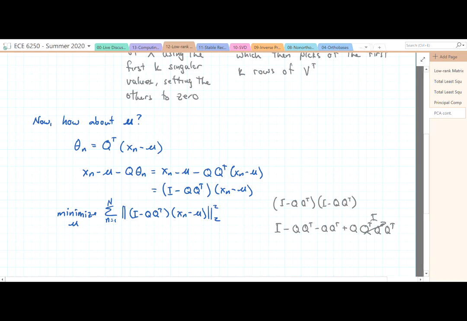So that and that cancel each other, and we get that (I minus Q Q transpose) quantity squared is just equal to I minus Q Q transpose.